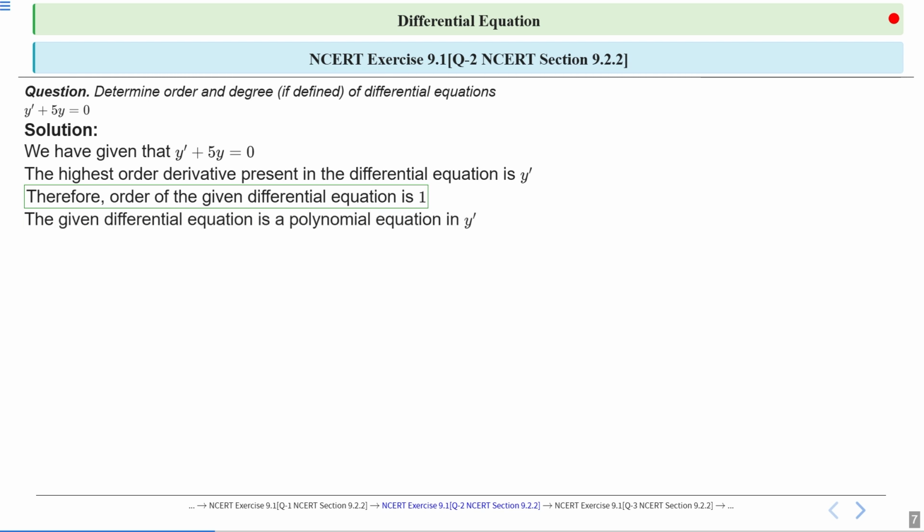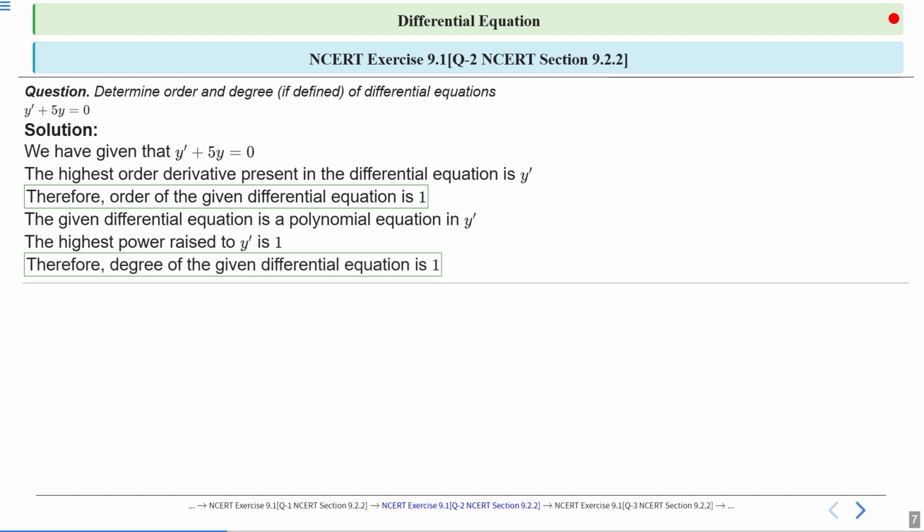The given differential equation is a polynomial equation in y dash, as there is no term involving trigonometry or anything else. So to define degree, we see the highest power of the highest order derivative, that is y dash, and its power is 1. So degree of the differential equation is 1. Okay.